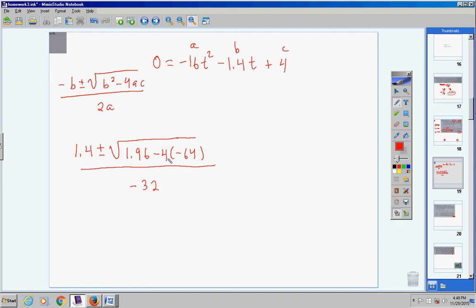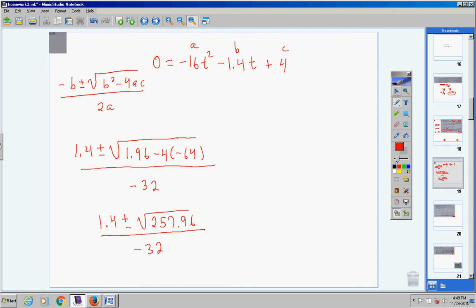Now, negative 4 times negative 64 would be a positive, I think, 256. I did it in my head, but I think it's 256. So a positive 256 plus a positive 1.96, you end up with 257.96. Your plus or minus is still here, your 1.4 is still here, and your negative 32 is here.